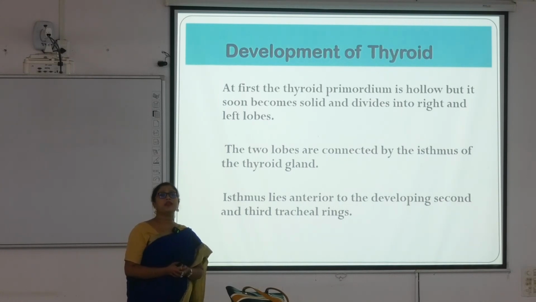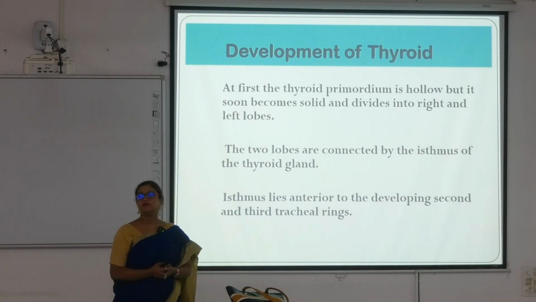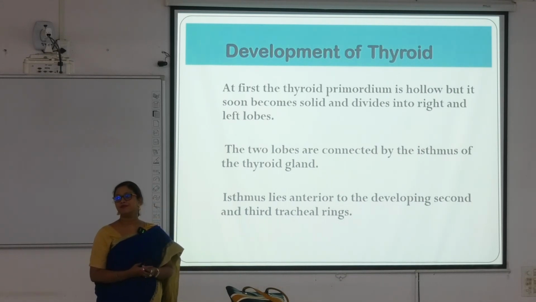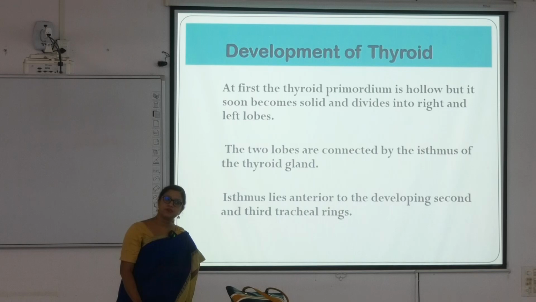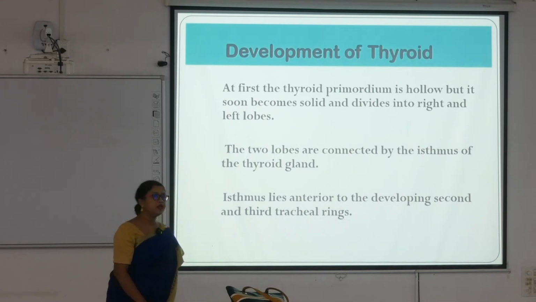Then what is pyramidal lobe? Who will tell what is pyramidal lobe? Pyramidal lobe of thyroid gland কোনটা? Isthmus থেকে one small superior projection, so that is known as pyramidal lobe, right?